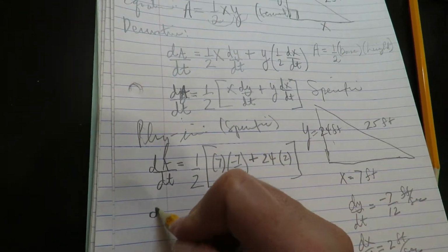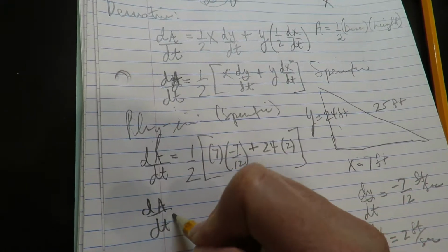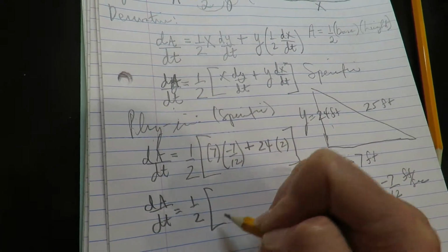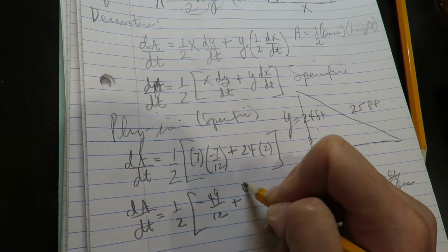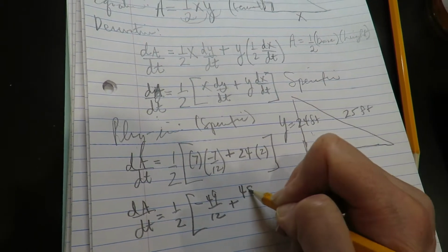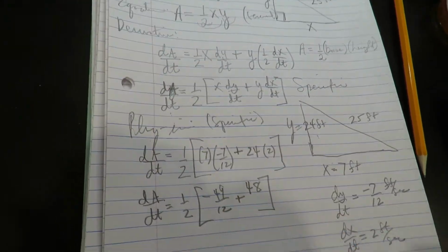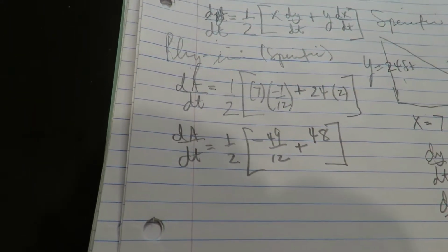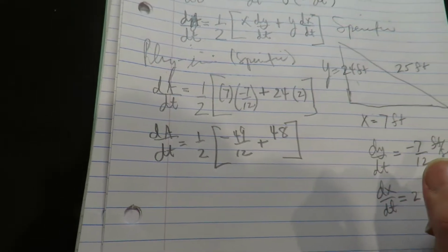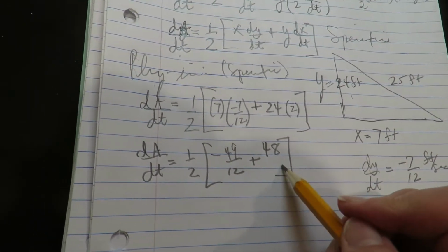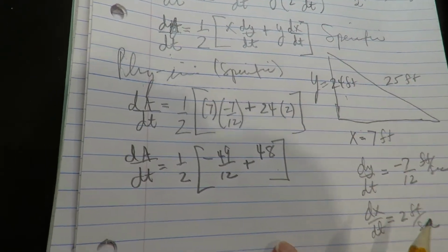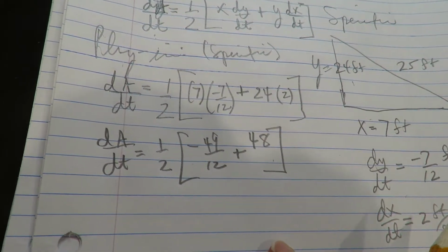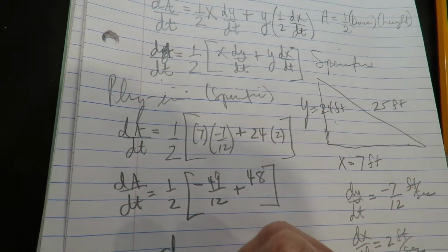All right, gang, so let's now fiddle with this. What is this? Negative 49/12 plus 48. I'm deciding the fraction on this is going to be a bit nasty because of, oh, well, this is a minus. I'm leaning towards just doing a decimal for this. If you want to do a fraction, that's fine.